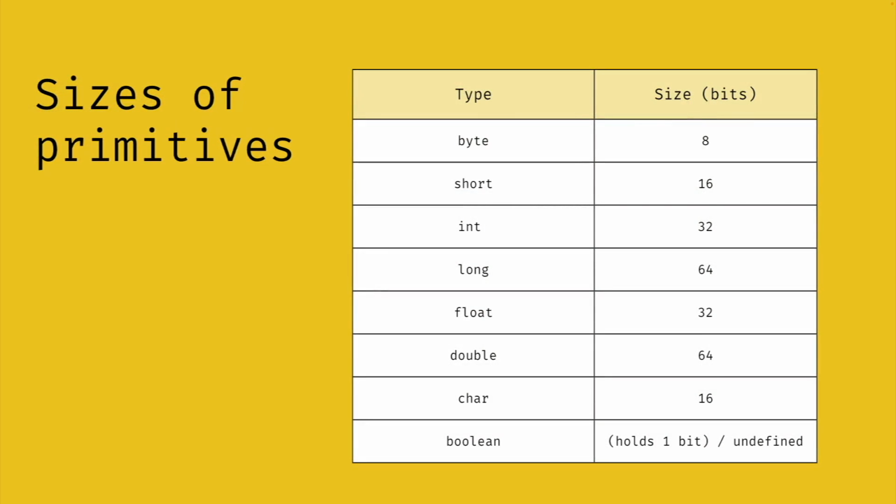All of these primitives have a size, and depending on their size, they can store certain values. On the slide, you can see a table of the different sizes. Let's zoom in on how this works. As you can see at the very bottom, the Boolean holds a 1-bit value. Every bit can hold a 0 or a 1.